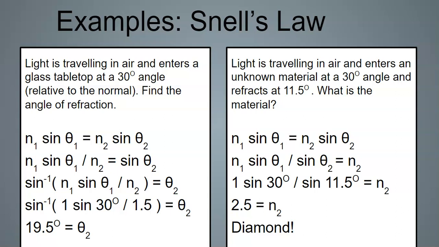So that's diamond. I think diamond's actually 2.4, so I probably put the wrong number in. But you could do it like that. And they do that in the diamond store. They have a little box with light, and it shines in and shows the angle that it bounces out at. Then you can tell if it's a diamond or if it's fake.